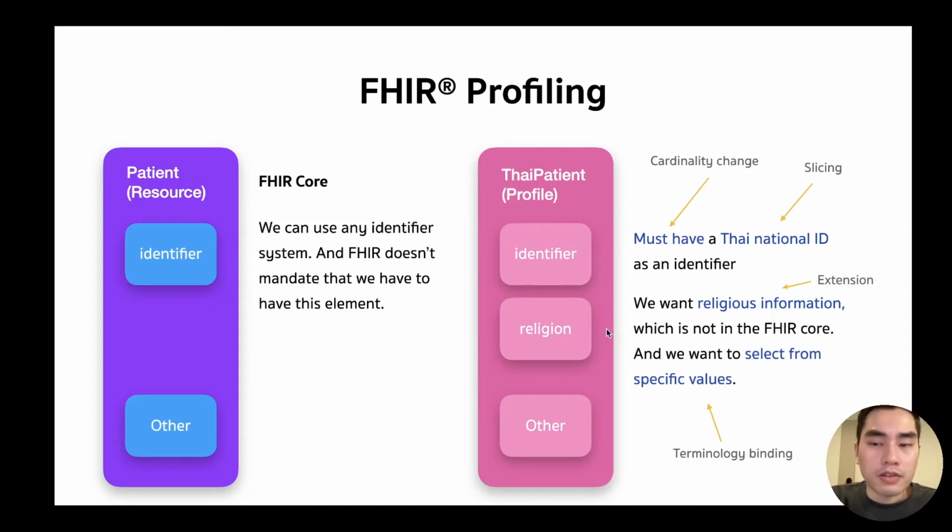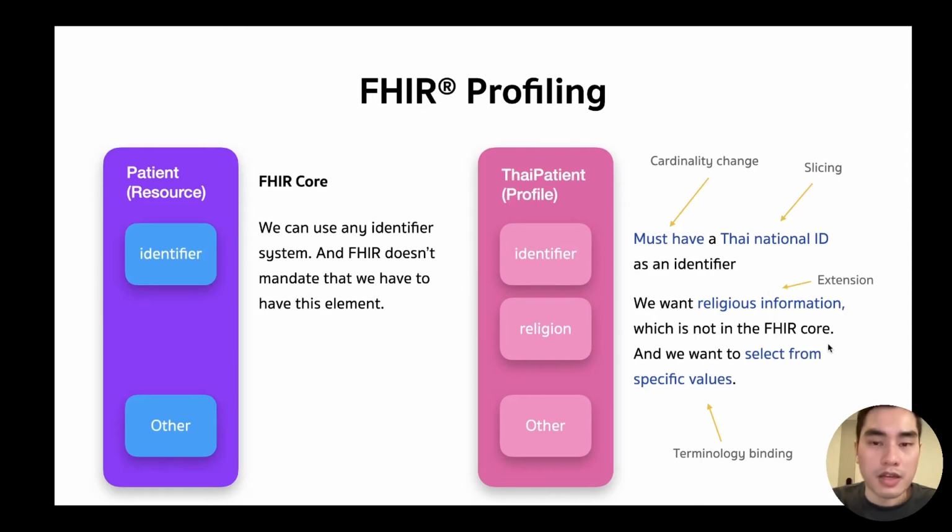And we want the religion information, which is not in FHIR core, and we want it to be a value from a specific set of values. This is profiling, and this is how we do it in FHIR terms, and you don't have to worry about it now.